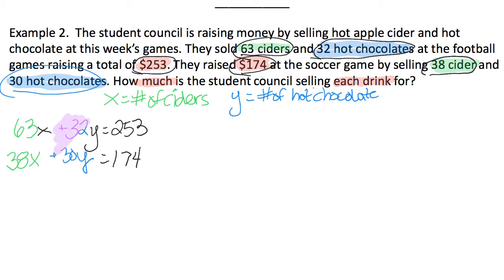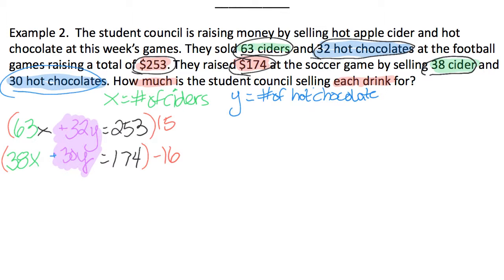So we're going to get these y's to the same number by multiplying the top by 15 and the bottom by negative 16. You just have to get either your x's or your y's to the same number. Sometimes these numbers are going to be a little big, so you're just going to have to be careful there.